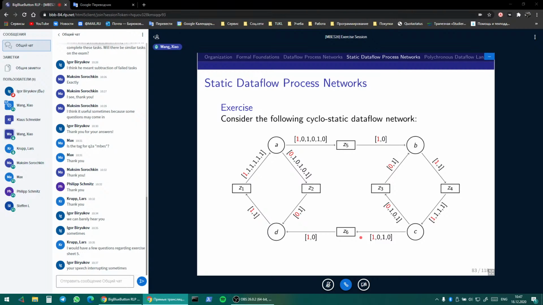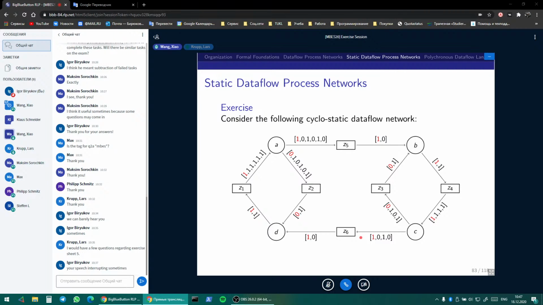And then it changes its state. You can somehow think of it like that. And then it consumes 1 again from Z1 and produces 1 to Z2 and 0 to Z5. And then it continues on like that for 6 firings, and then it will have completed 1 period. But in each firing, it can only consume 1.